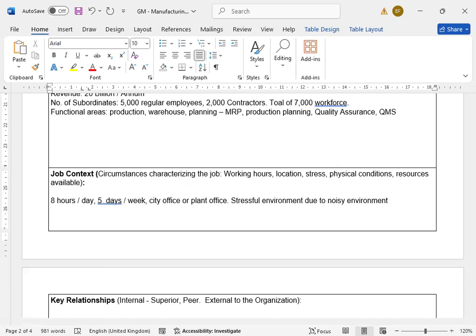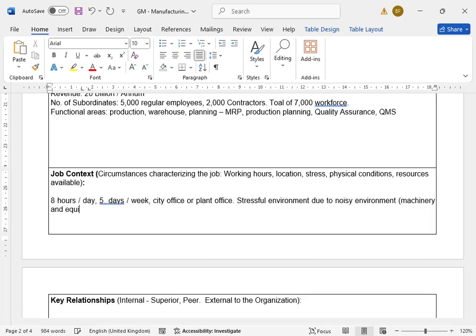If let's say the noise is 85 decibels, that's already high, so they need to have earplugs or earmuffs. This is due to machinery and equipment. That's the reason. What else?